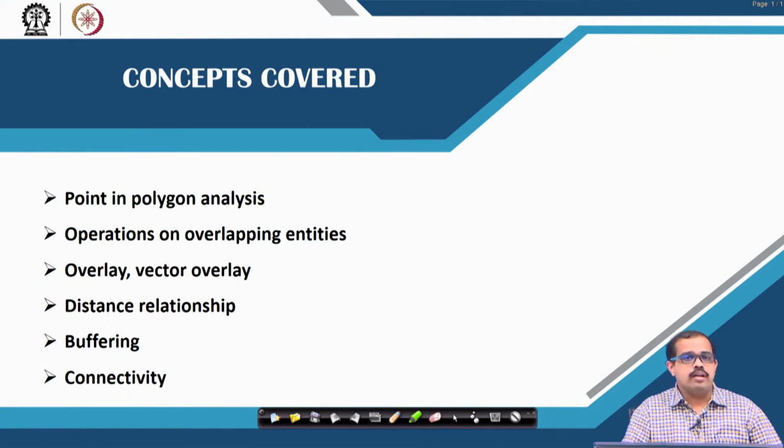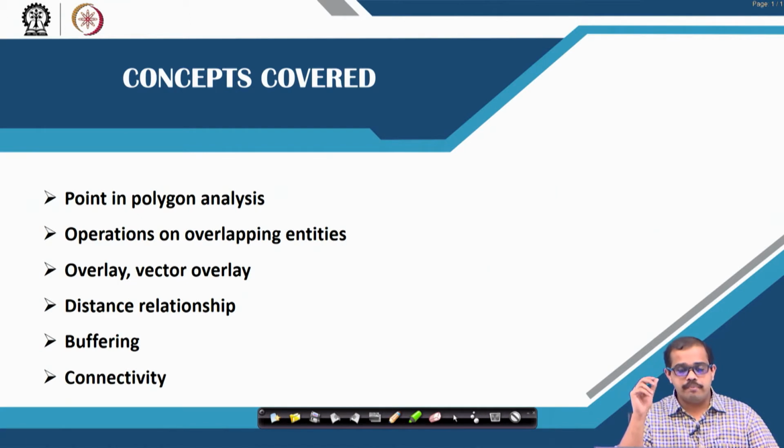I would take it forward and look at the same aspects as in the previous class: operations on overlapping entities, the vector overlay, and the distance relationship, which is something you have to see when looking at how distance is measured and how it changes. Then we look at buffering, what the different buffers are, how buffering can be utilized for various analyses, and then connectivity.